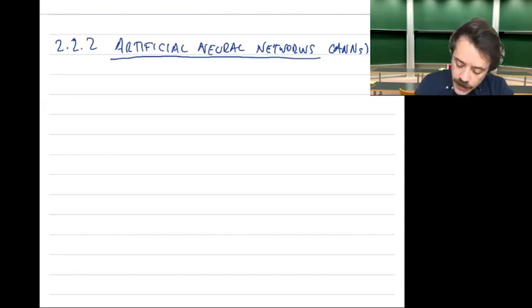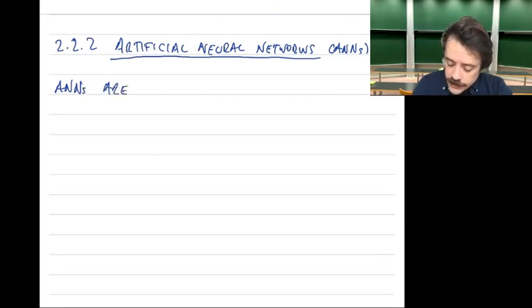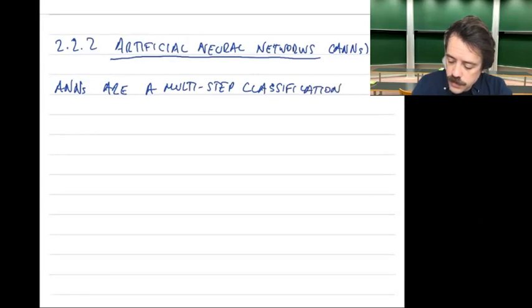Artificial neural networks are a multi-step classification, but also, let me say that they are used for regression just as well.